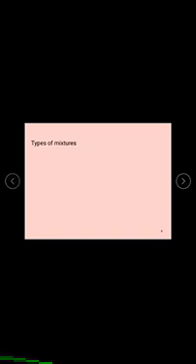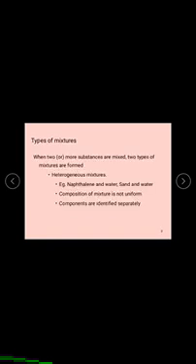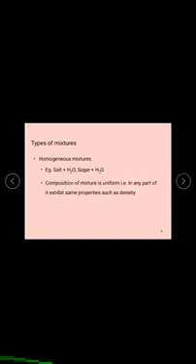For heterogeneous mixtures, the examples are naphthalene and water, sand and water. For homogeneous mixtures, it is salt and water, sugar and water.